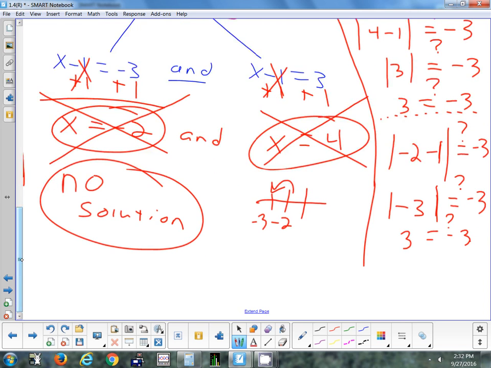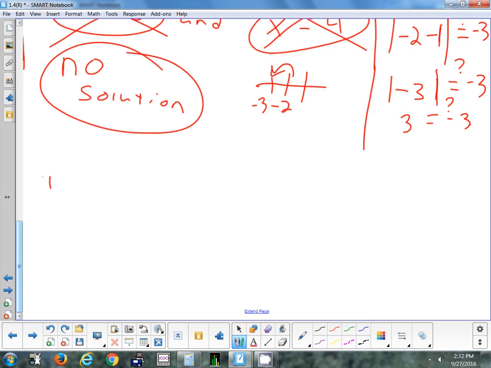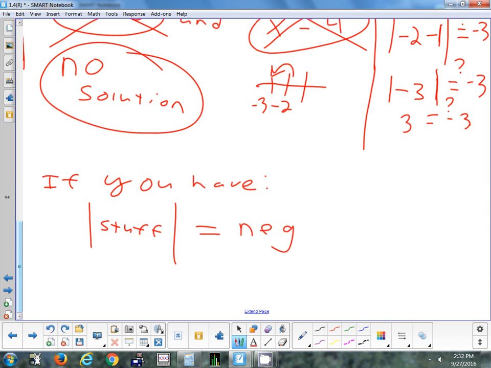Okay, so the way you know that it's a no solution, if you have absolute value bars, and you've got stuff inside the absolute value bars, and that's equal to a negative.